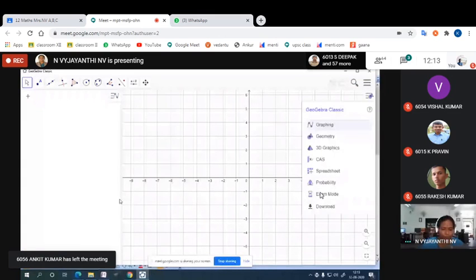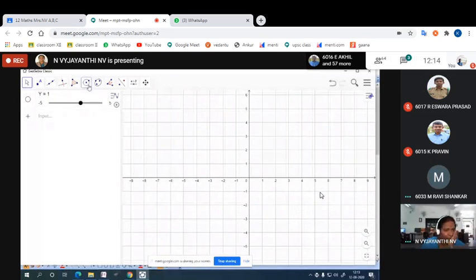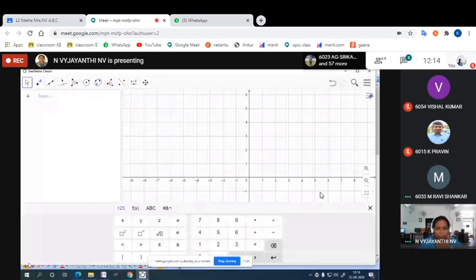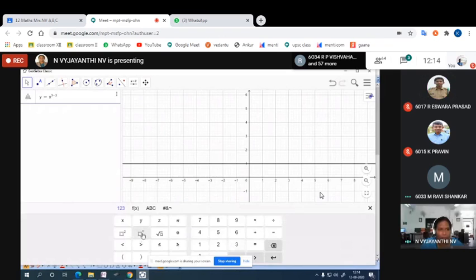Y equal to X cube minus 3x square minus 9x plus 7. Let me plot y equal to x cube minus 3x square.